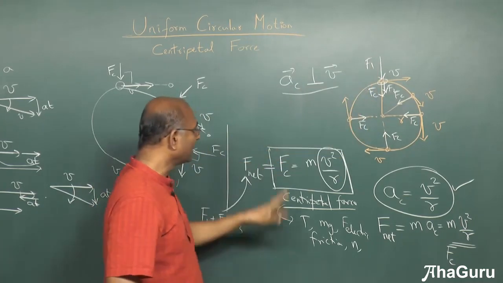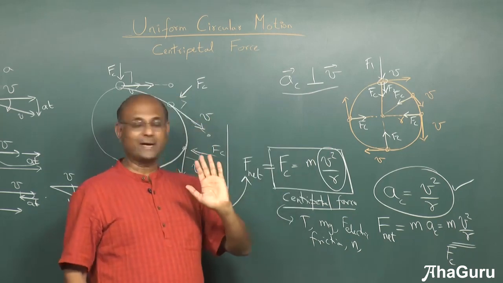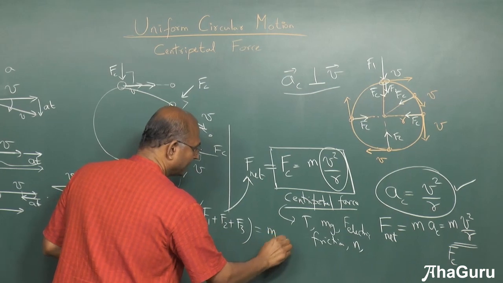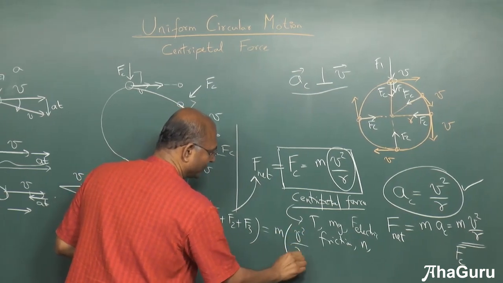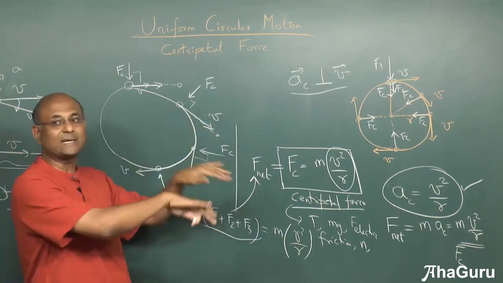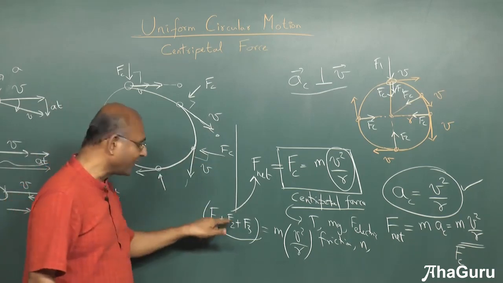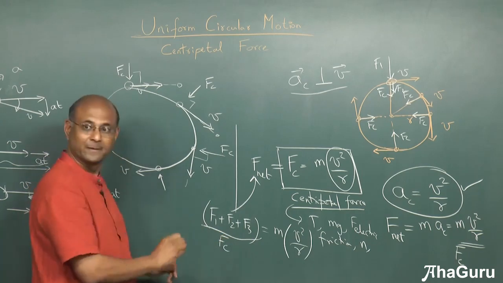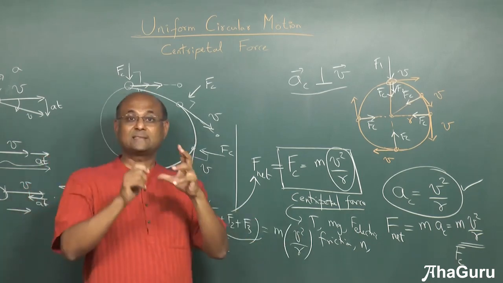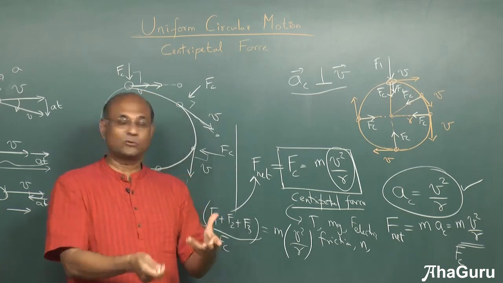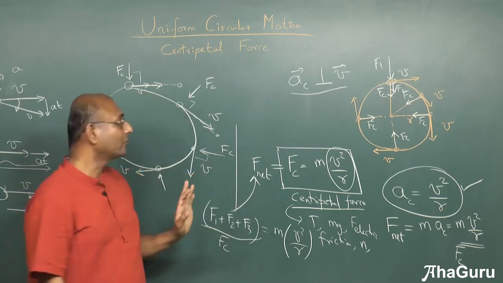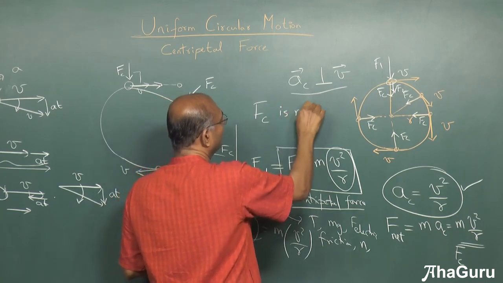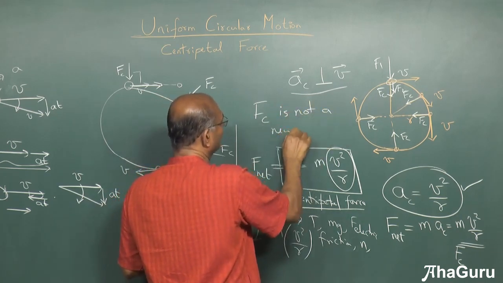That net force produces V square by R. So this is equal to m times the acceleration, which is V square by R. So this whole thing is called centripetal force. It is not this or this or this. There is no single force called centripetal force. I hope that is clear. So there is no such thing as centripetal force as a special kind of force. It is not a special type of force. Okay, so let me mark it very carefully. This is not a new kind of force.